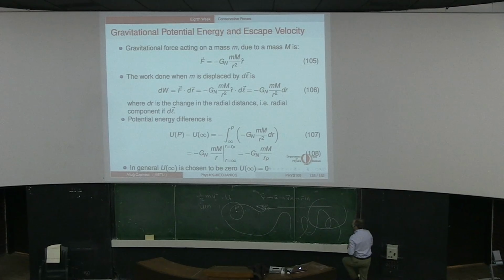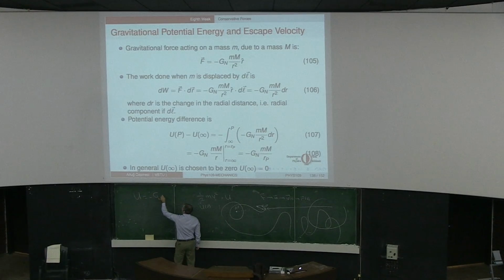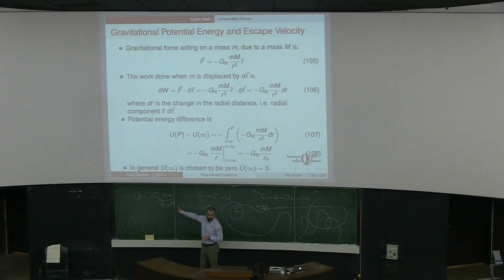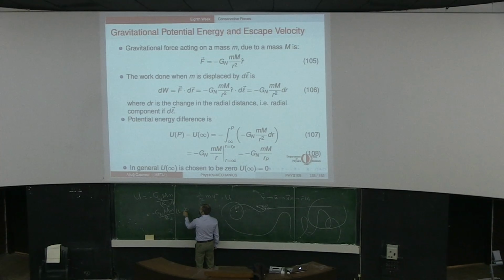So let's take this example. The potential energy is minus G M m divided by, suppose you are at a height h from the surface of the Earth. This is our potential energy. Now this I can write as minus G M m divided by the radius of the Earth, multiplied by (1 plus h over the radius of the Earth) to the power minus 1.